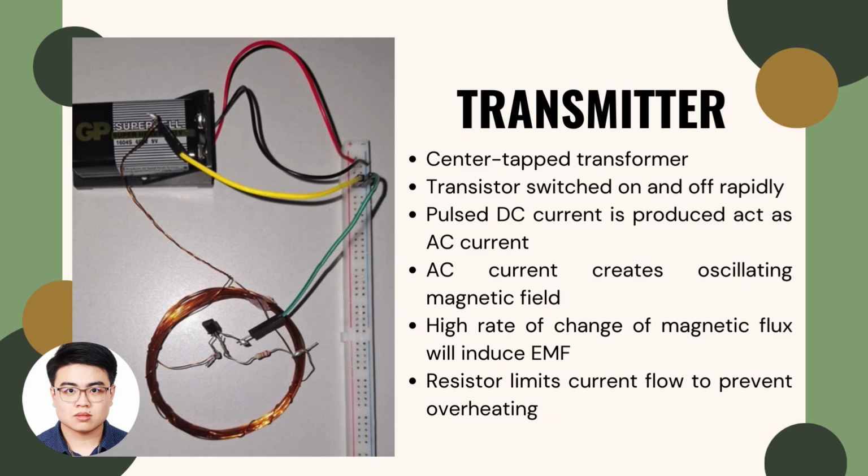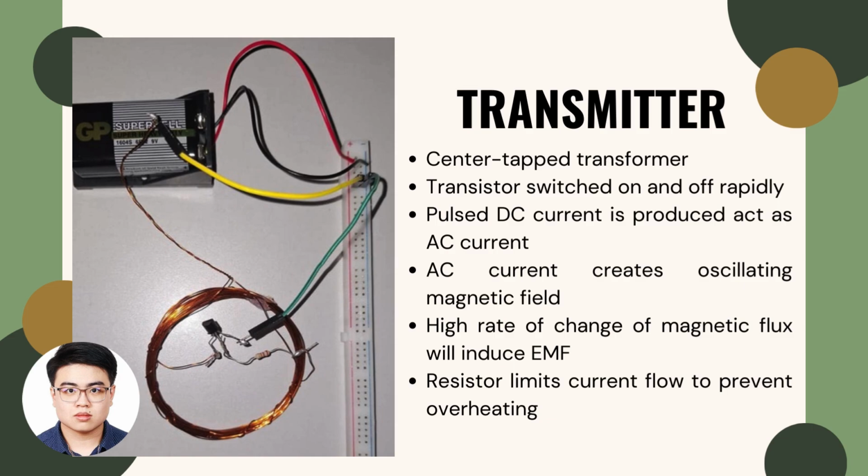There's a loop that acts as a center tap transformer that is soldered on and connected to the power supply, the positive 9 volt. The emitter of the transistor is connected to the ground, as shown in the diagram. Now for the working principle, when the transistor is connected like that, it will switch on and off rapidly.